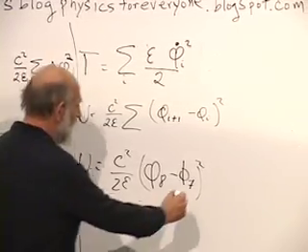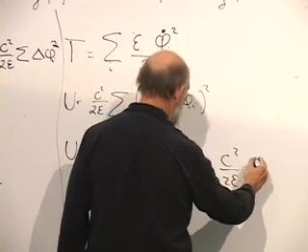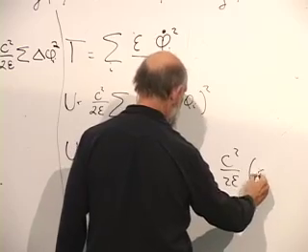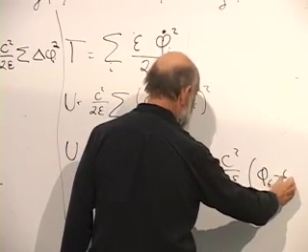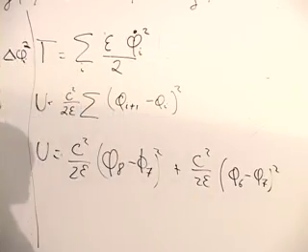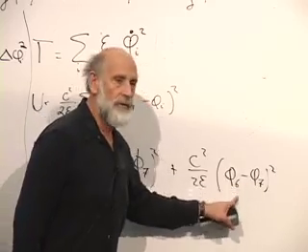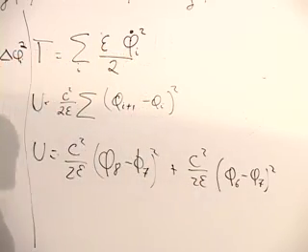And then plus c squared over 2 epsilon times phi 6 minus phi 7 squared. And again, it doesn't matter whether we write phi 7 minus phi 6 or phi 6 minus phi 7. They're the same thing, squared.